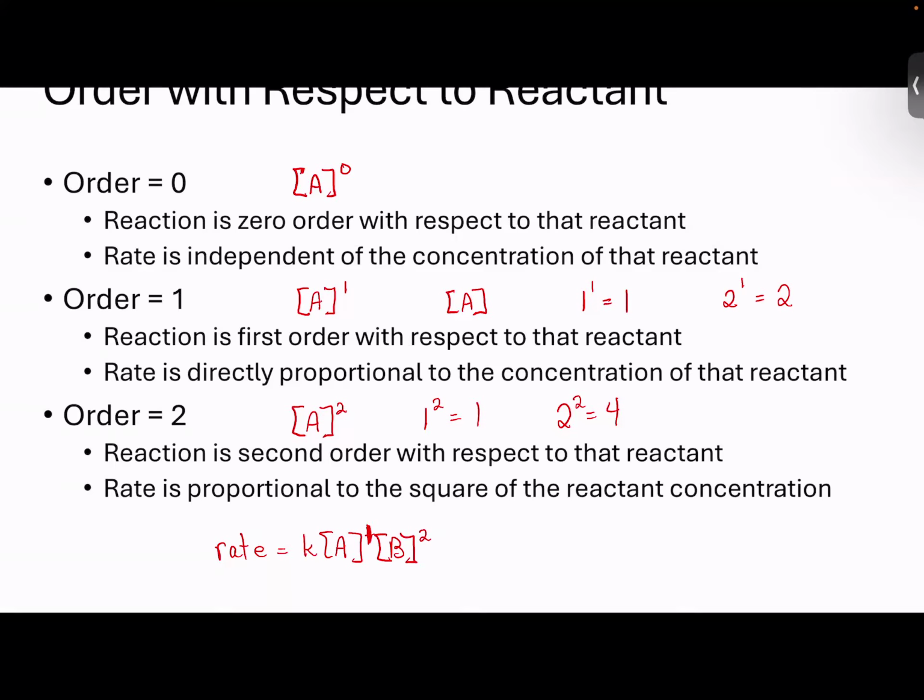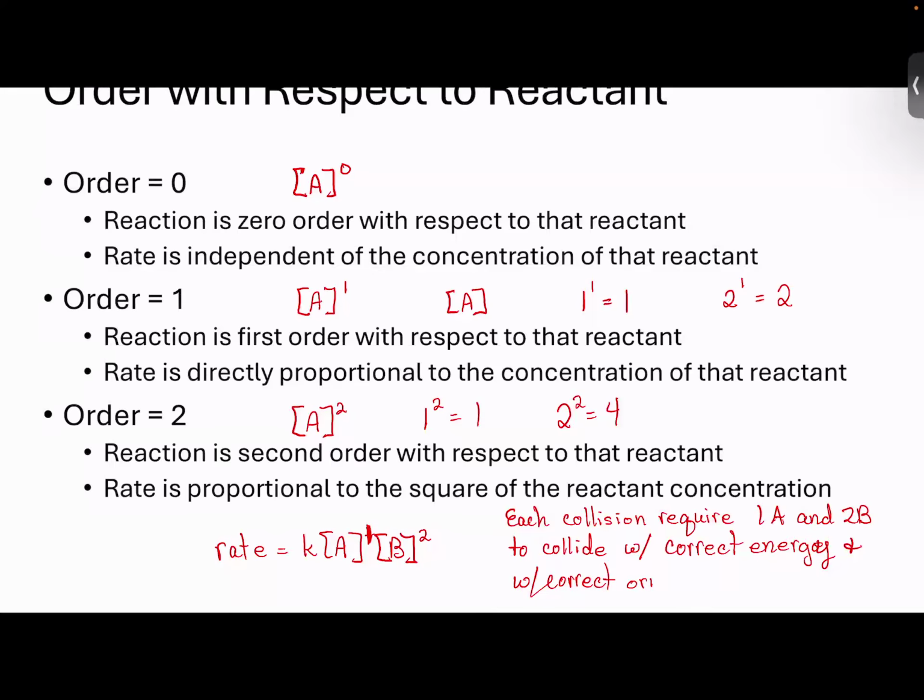What this means is each collision requires 1 A and 2 B's to collide with the correct energy to cause the reaction and with the correct orientation. Meaning we have to have 3 molecules collide perfectly.